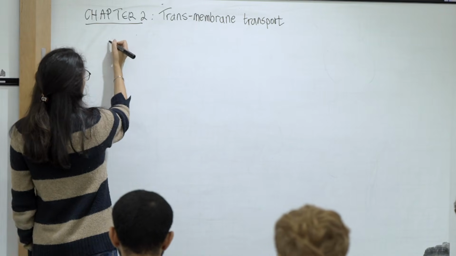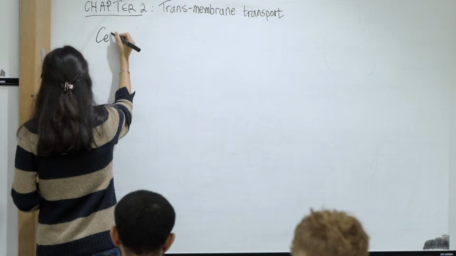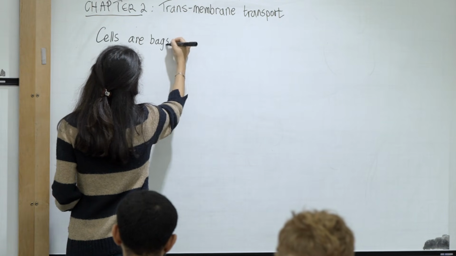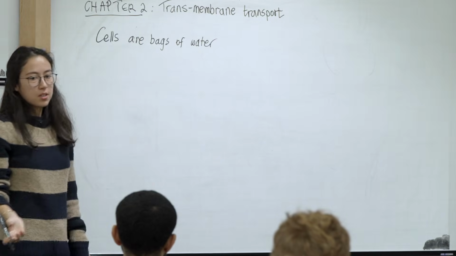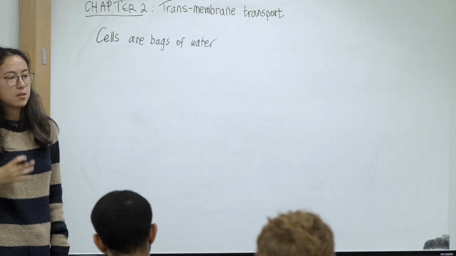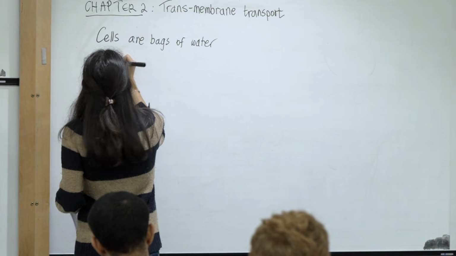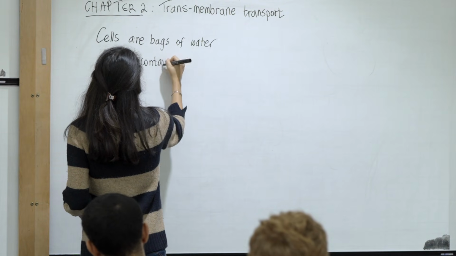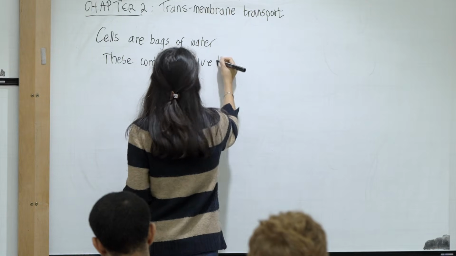So in general, if you don't know, cells are made up of a lot of water. You can think of cells as bags of water. But this water is not just water. You have many dissolved ions within it, right? You can have sodium, chloride, potassium, all these things. So these contain dissolved salts.